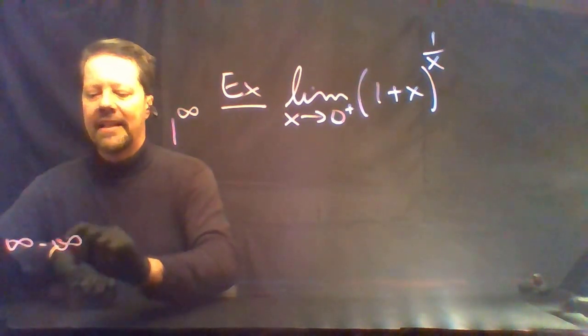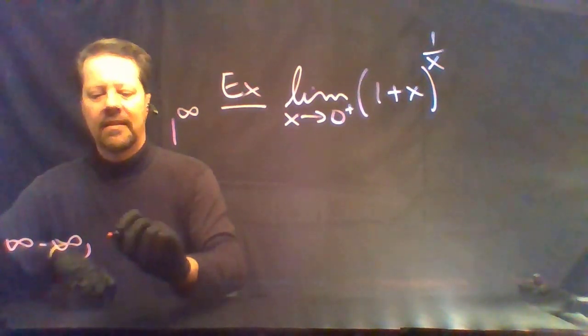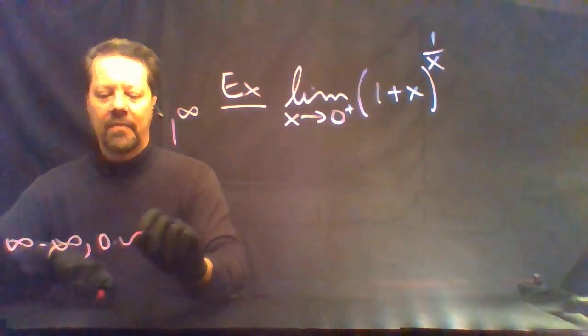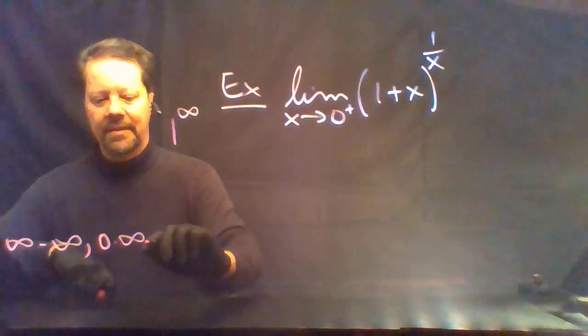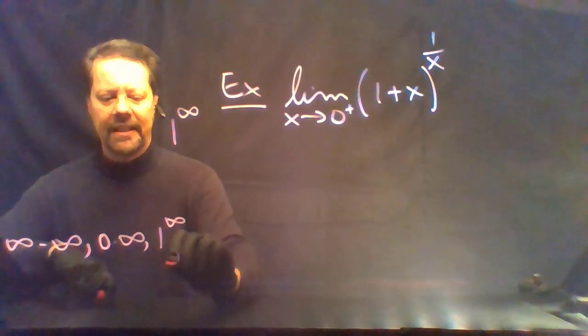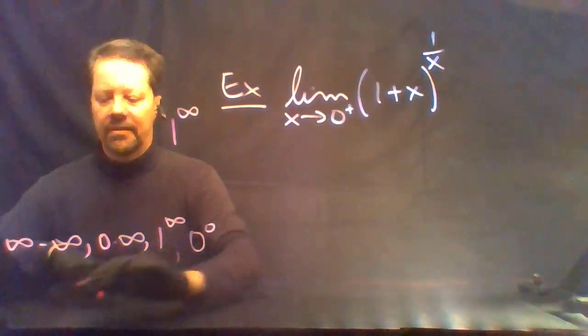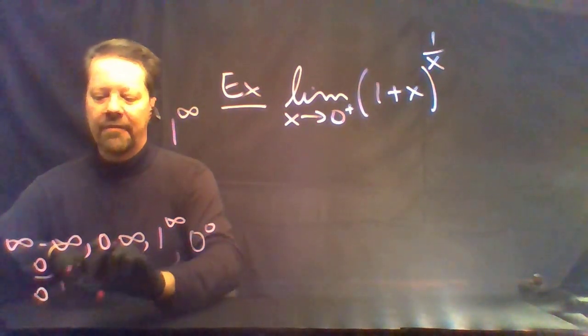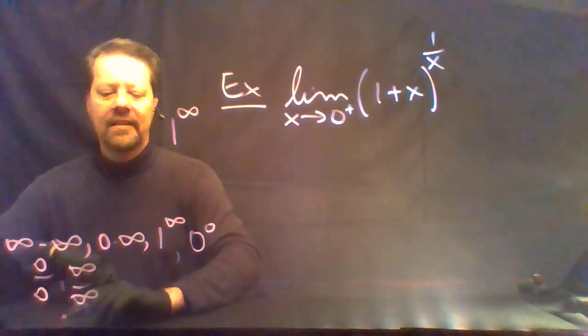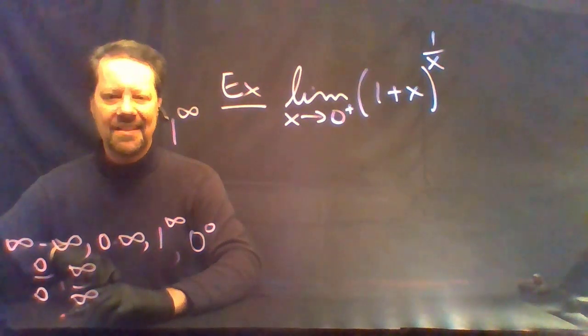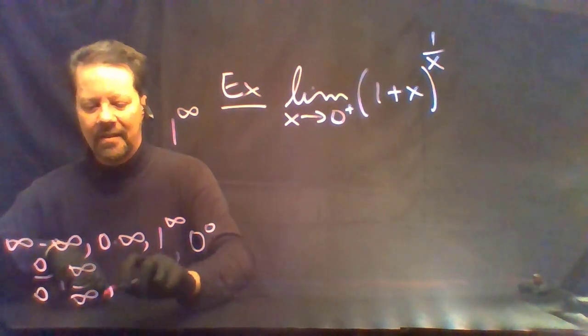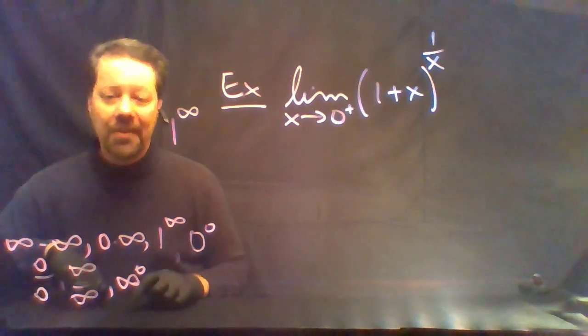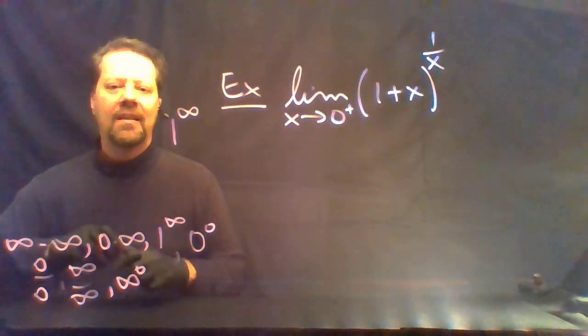Infinity minus infinity is indeterminate. 0 times infinity is indeterminate. 1 to the infinity, 0 to the 0, 0 over 0, infinity over infinity. These are all indeterminate cases. And one more, infinity to the 0 is an indeterminate case.